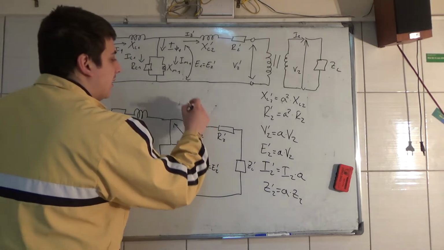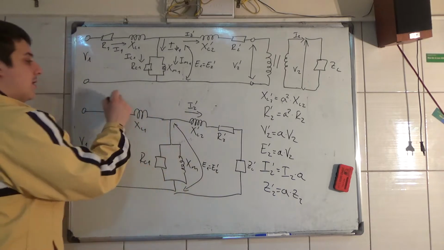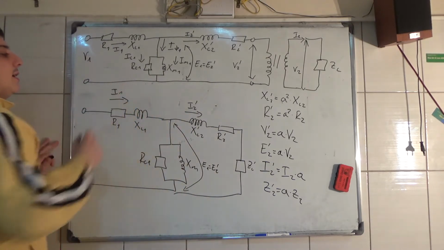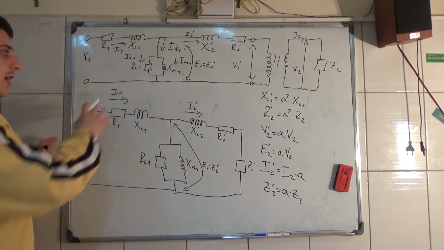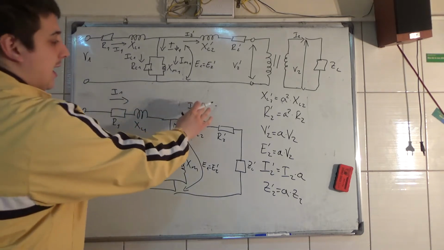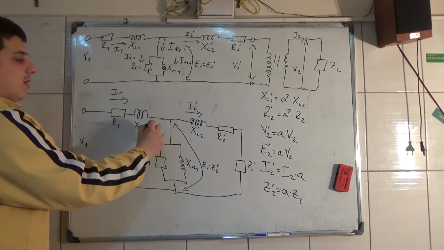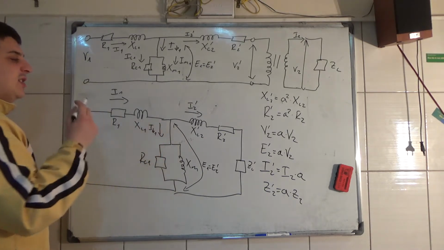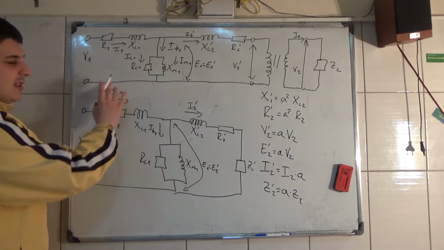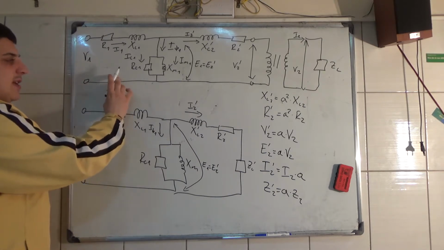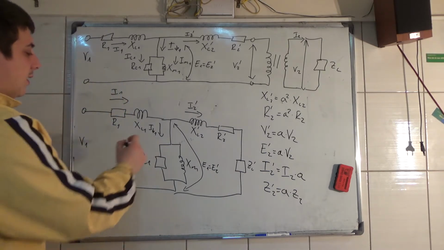The current here is I2 prime. The current here is I1. And usually I1 is equal to I2 prime because the exciting current is usually about 5% of the primary current.